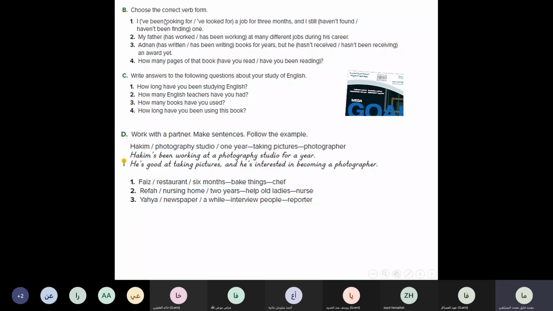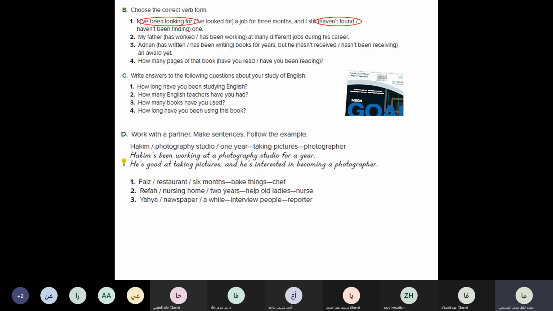So we choose what? I have been looking for a job for 3 months, and I'm still looking for a job. Started 3 months ago up to now. Want to continue, and I'm still, yes.